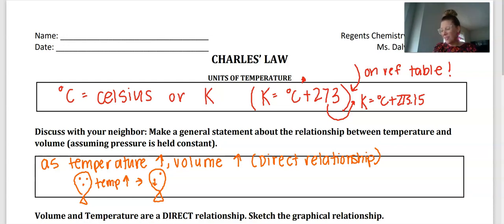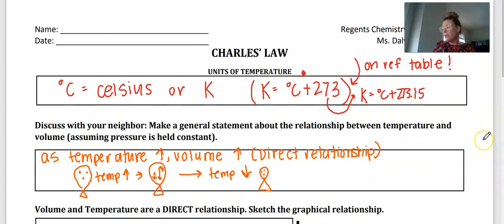But our particles collide more frequently with our balloon and with greater force, and therefore that causes the balloon to expand. If we decrease temperature, those particles inside are going to collide less frequently with less force, and it causes our balloon to shrink. And again, I'm not an artist, but you have to really think about it in terms of what's going on with those molecules.